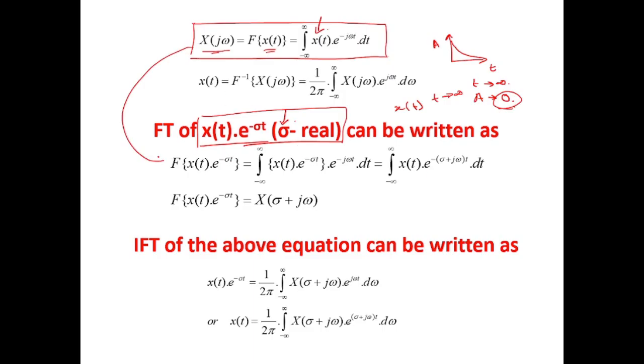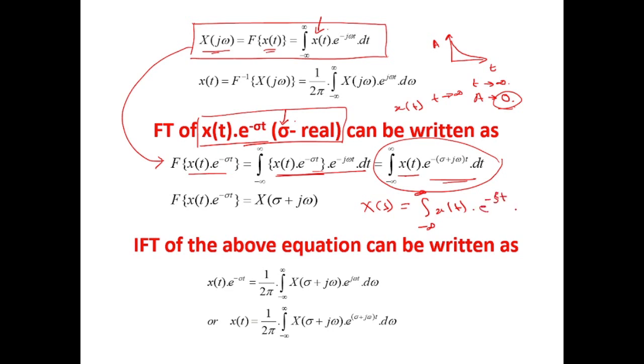So if you look into this equation, instead of x of t, we are now taking x of t into e to the power minus sigma t. Just by rearranging, we get x of t multiplied by e to the power minus (sigma plus j omega) t. Now this function becomes the Laplace transform equation, represented as X of s equals the integral from minus infinity to infinity of x of t into e to the power minus st dt.